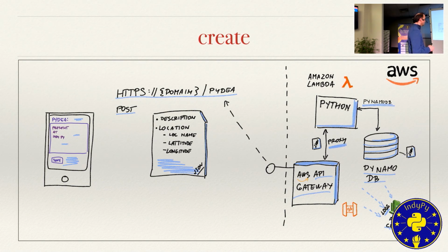It's going to access the gateway endpoint, integrate with my Lambda function written in Python, and use the PyNamoDB Python library to access DynamoDB. So it's all Pythonic. And then I'm going to use CloudWatch to debug, because if something goes wrong, you want to be able to reproduce your error.